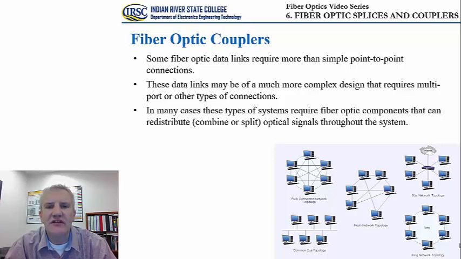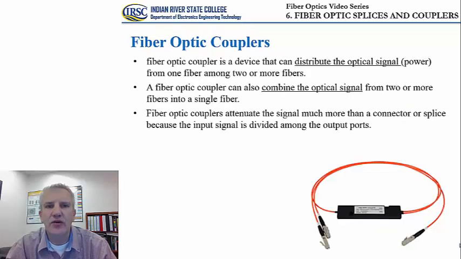These types of data links that require multiple connections are usually characterized by a more complex design, and in those cases you are using special types of connections that enable combining or splitting optical signals into multiple optical fibers throughout the system. So that's where you're going to find the use of devices that are commonly known as fiber optic couplers. So how do we define fiber optic couplers?